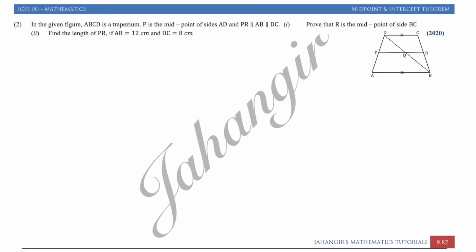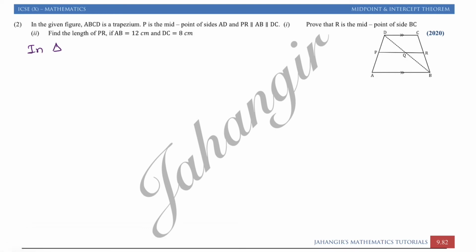Question 2. In the given figure, ABCD is a trapezium. P is the midpoint of AD. PR is parallel to AB and parallel to DC. All three lines are parallel. First we have to prove R is the midpoint of BC. Here I have to take the converse.